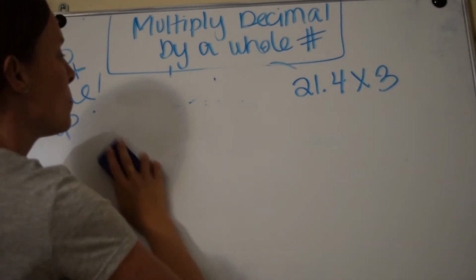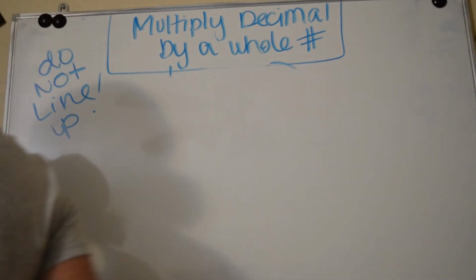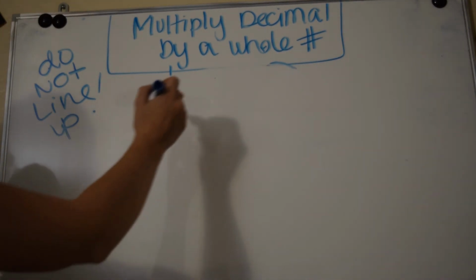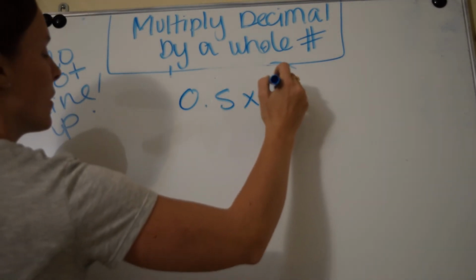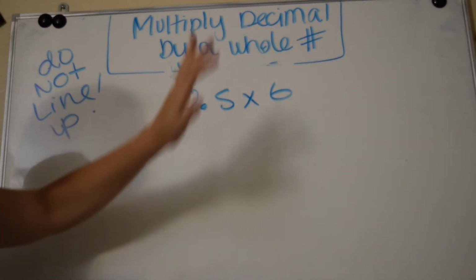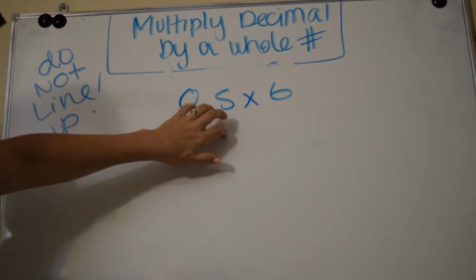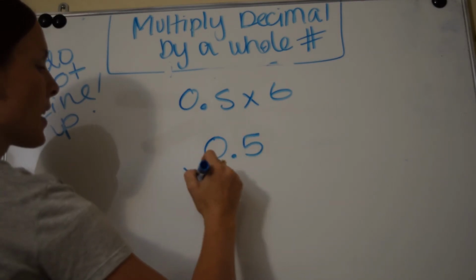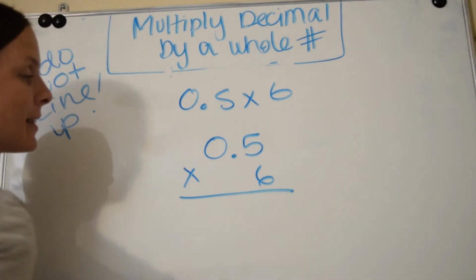All right, I'm going to do one more. This one's going to be a little different. What if I had 0.5 times 6? That might sound weird, wondering how we put that together. Put the bigger one, with the most digits and the decimal, on top: 0 5/10 times 6. See how I set that up?